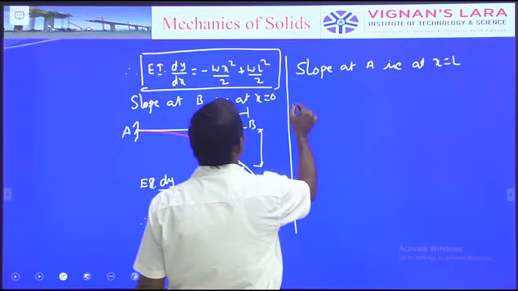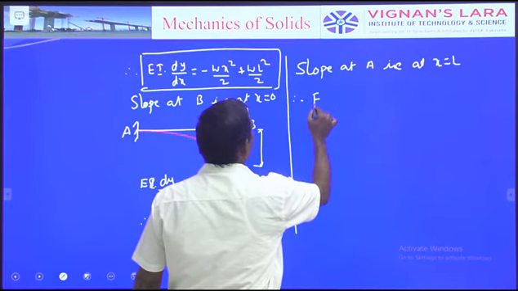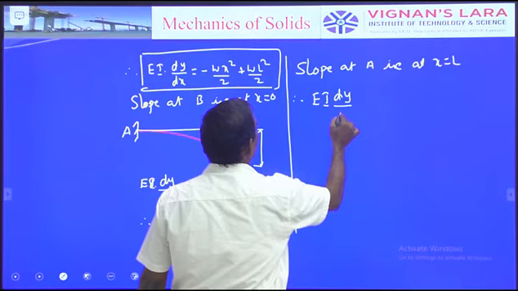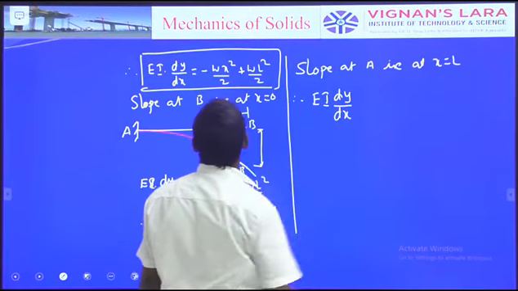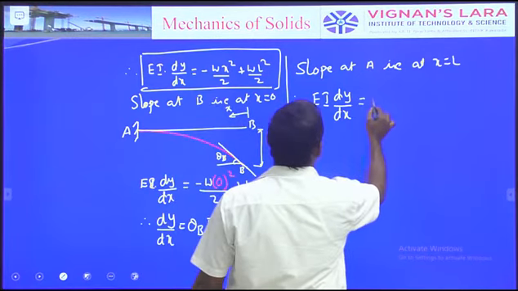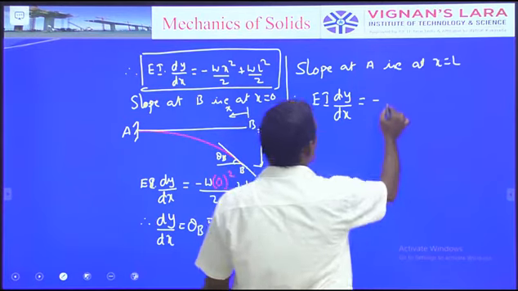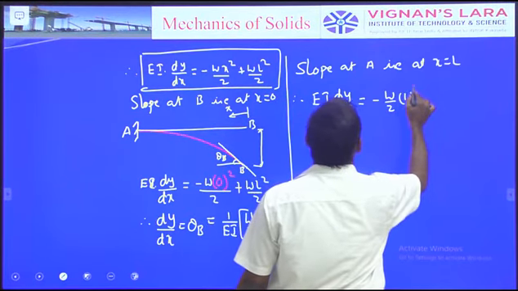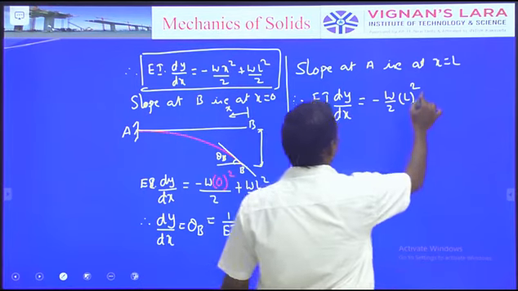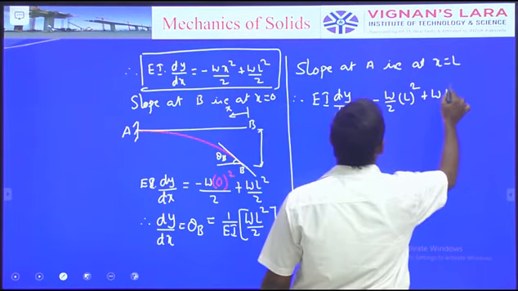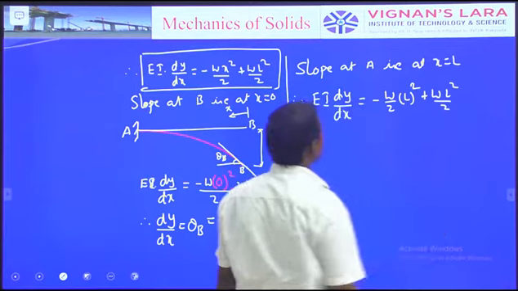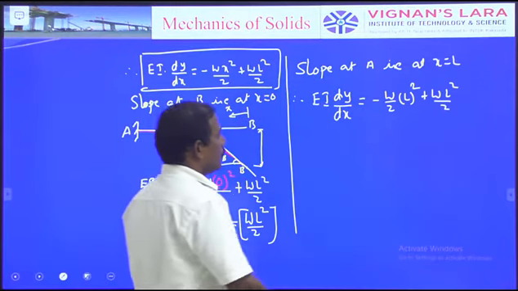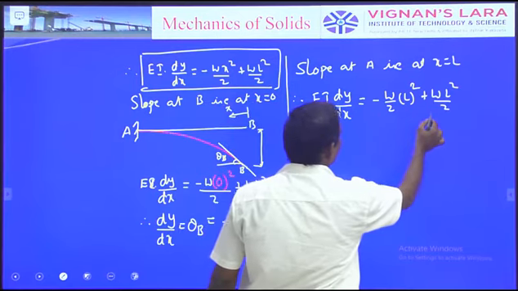So therefore EI dy/dx = -(w/2)L² + wL²/2. Now what about the value on the right side of the equation?